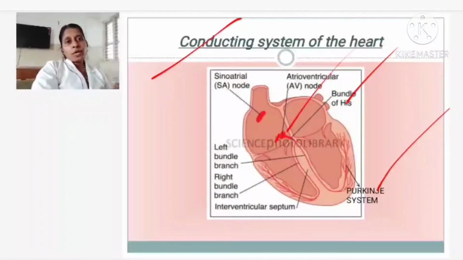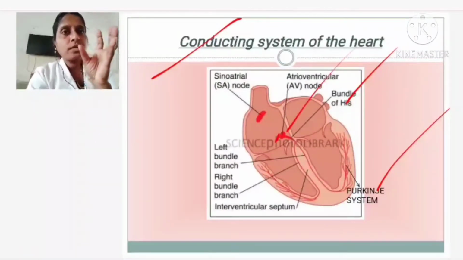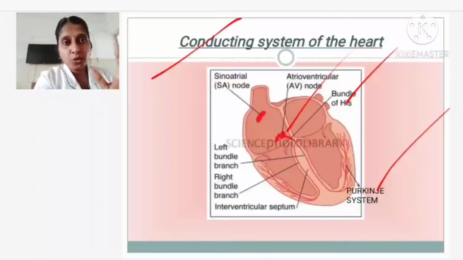Now when you are moving on to this conductive system, the heart has to contract. So there is some regulation being controlled. These tissues are called nodal tissues, or we call them the pacemaker tissues of the heart.